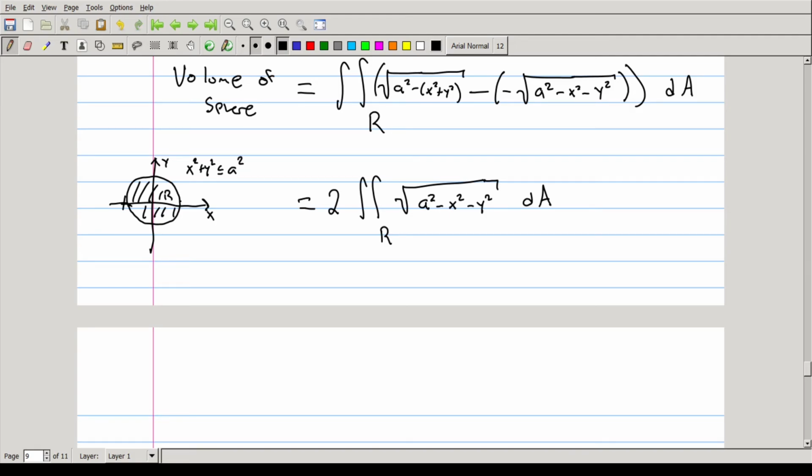So our x bounds are going to be from negative a to a, and our y bounds are going to be from the bottom curve here to the top curve. The bottom curve is given by y equals negative the square root of a squared minus x squared, and the top curve is given by y equals the square root of a squared minus x squared.